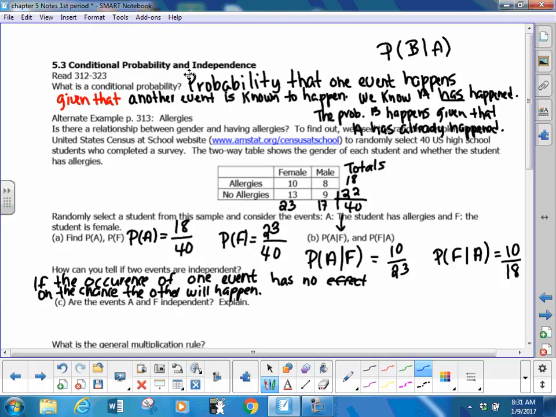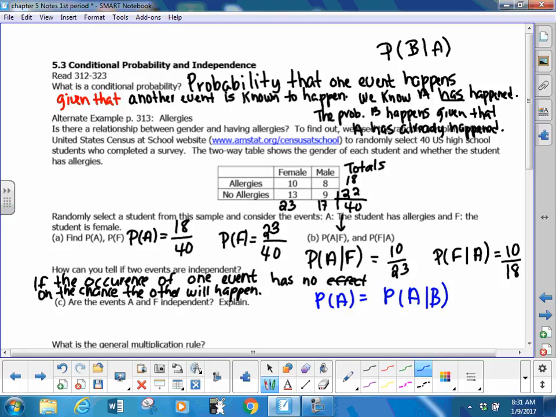You would say that the probability of A happening is exactly the same as the probability of A happening given that B has already occurred. Now, that should make sense to you at this point, because if B has no effect on A, then that means they're independent.